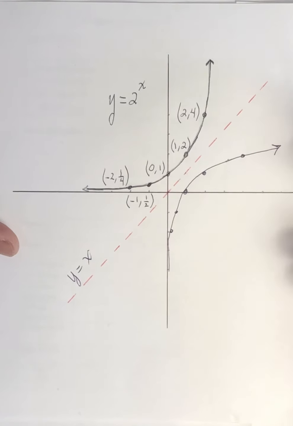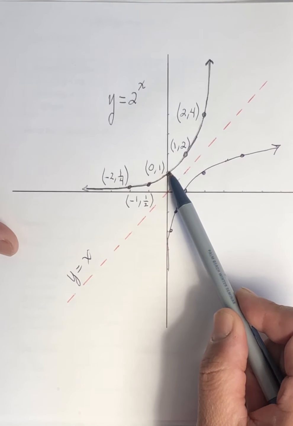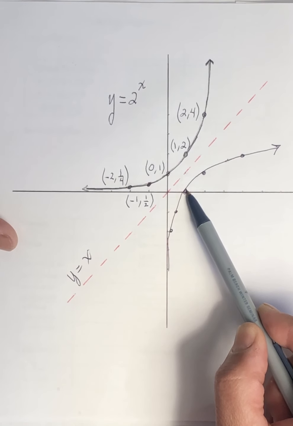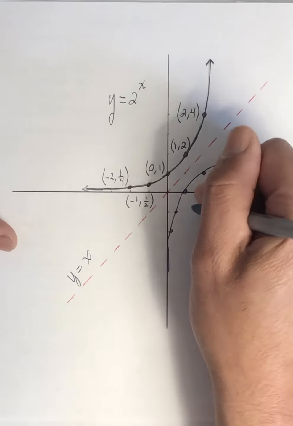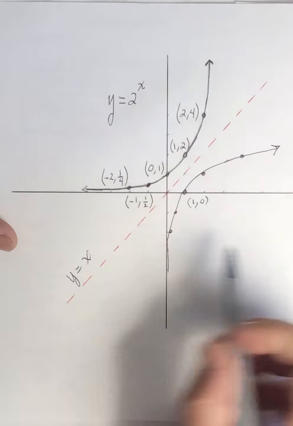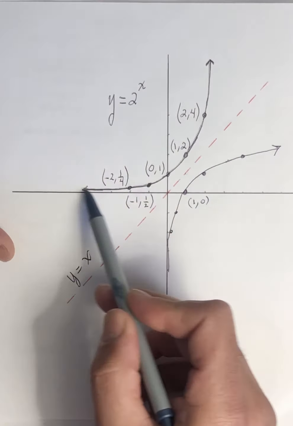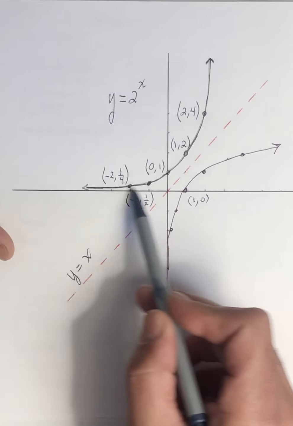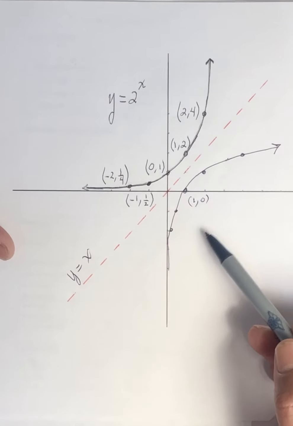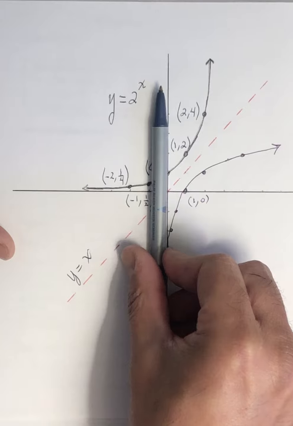For now, a couple of observations. If we had a y-intercept for the exponential curve, we now have an x-intercept for the logarithmic curve. That x-intercept is (1, 0). If we had a horizontal asymptote, meaning that the curve gets closer and closer to the x-axis, this horizontal line, which we call a horizontal asymptote, for the logarithmic curve we have a vertical asymptote, the y-axis.